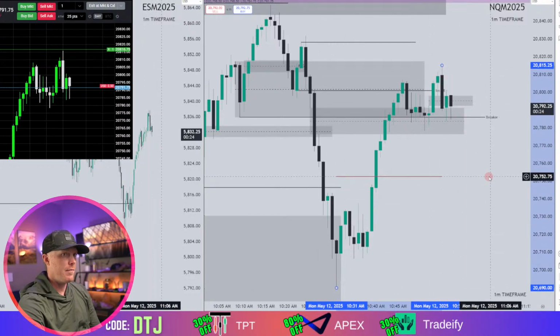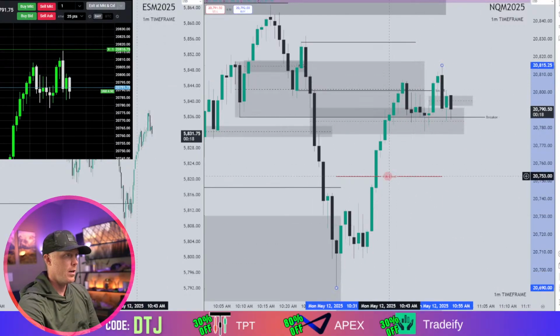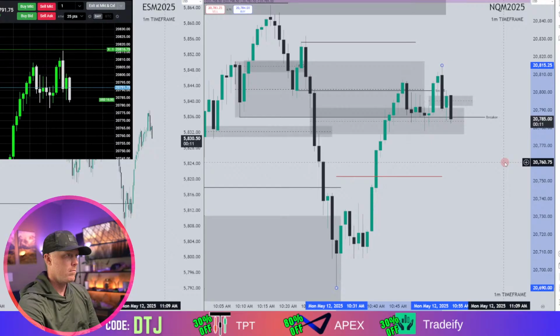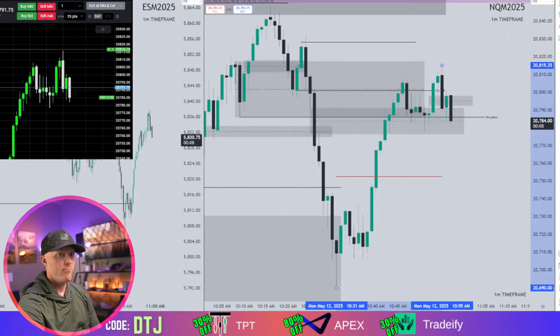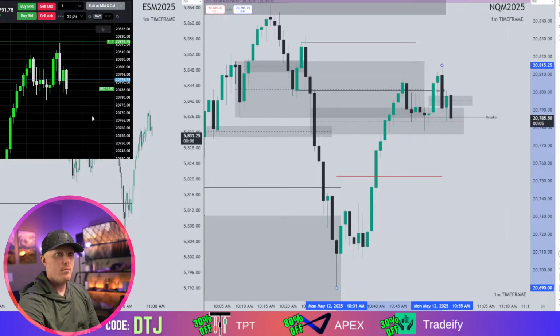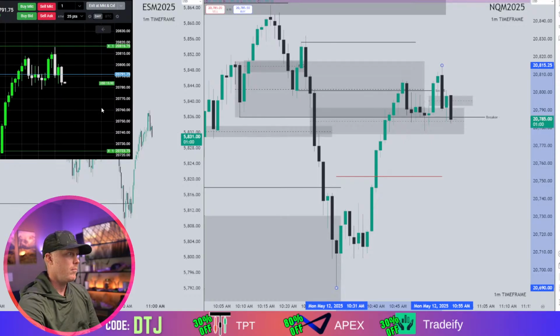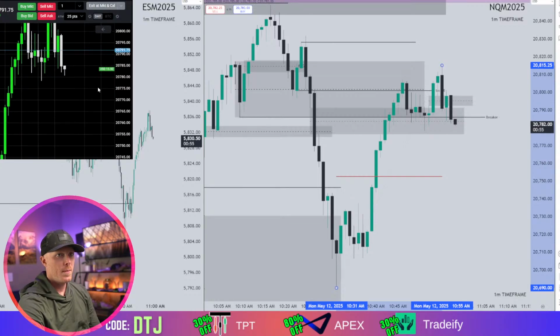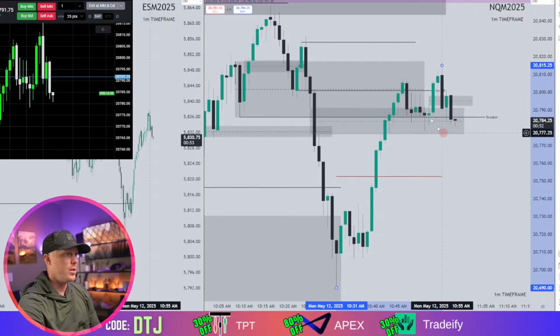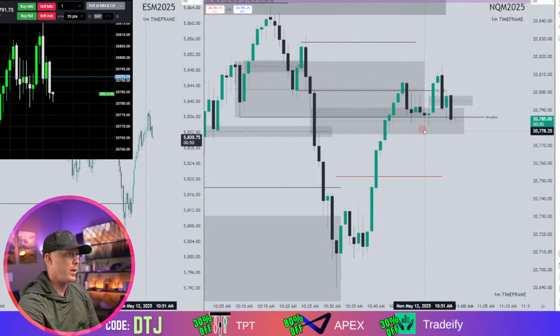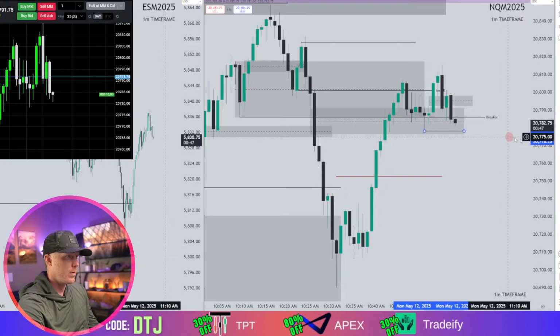Your first target, if this continues to move, would be the midpoint of this price leg higher, which is right here sitting at 20,753. This trade, technically, your stop should be moved to break even as soon as we run this low right there.